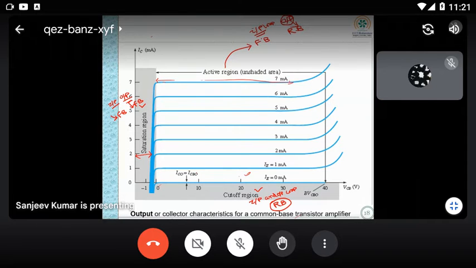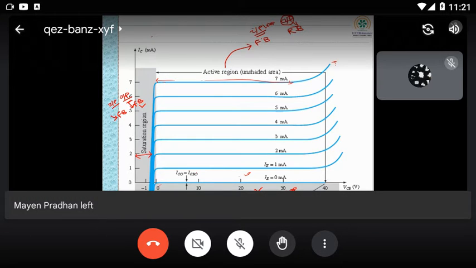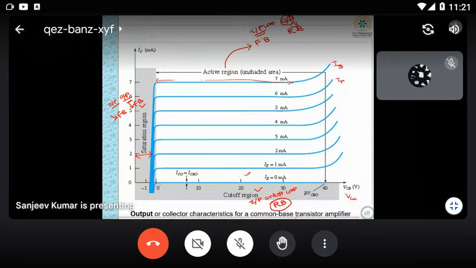So here you can see IC versus VCB, or you can take VCC, for different IE values. Different IE values you can plot, and here you can see all the IE values are given.